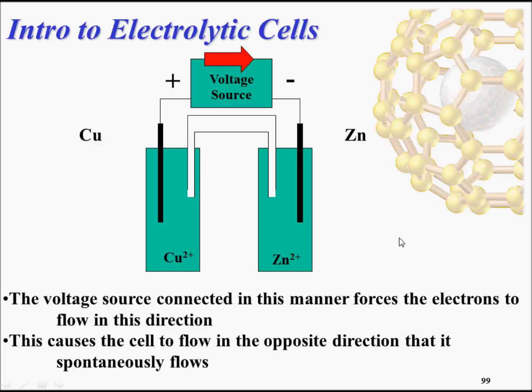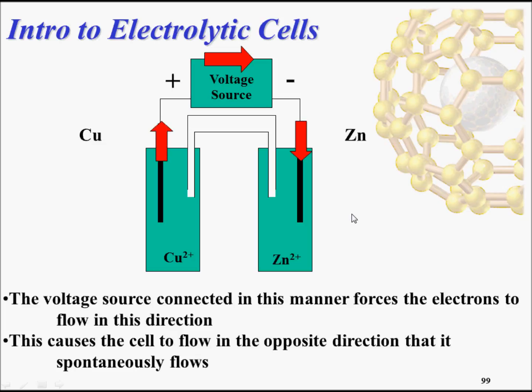If our voltage source was strong enough, it could resist that natural flow. We just saw it naturally wanted to flow to the left side, but if our voltage source was powerful enough in the opposite direction, we could force the reverse reaction.